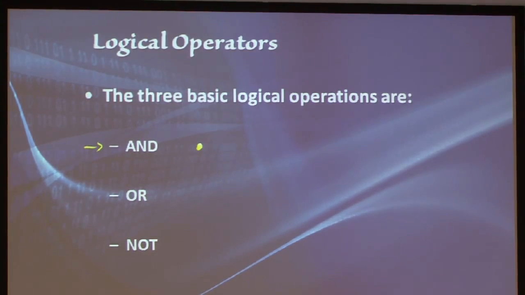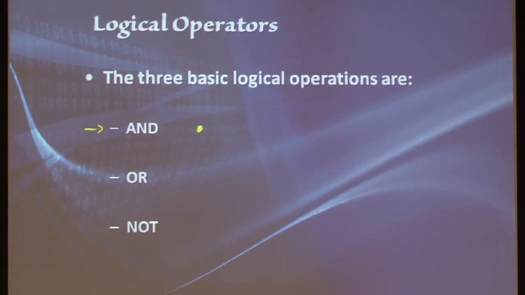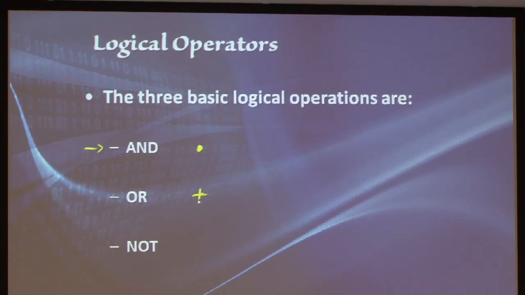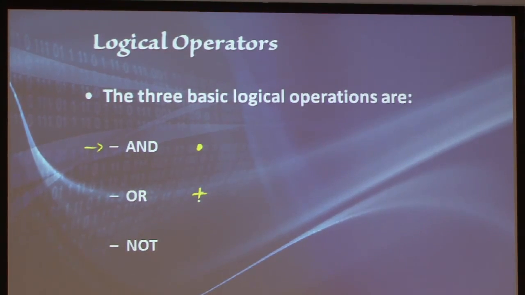So it's very similar to mathematical multiplication. The OR operation will be noted by a plus sign. And that will denote one variable or the other. And we'll show what they do.